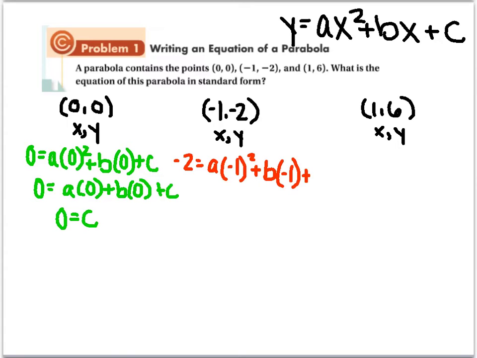Because we would be adding c on, but we just found out our c is 0. So plus 0, because that is your c value. So negative 2 equals negative 1 squared is a positive 1, just giving us a minus b.